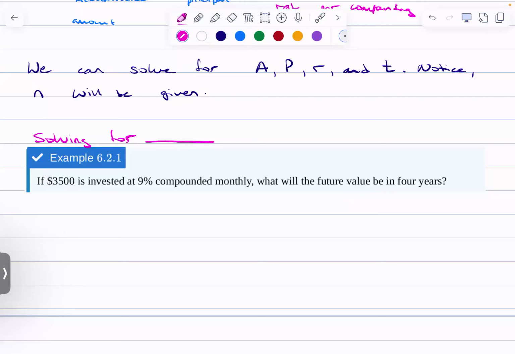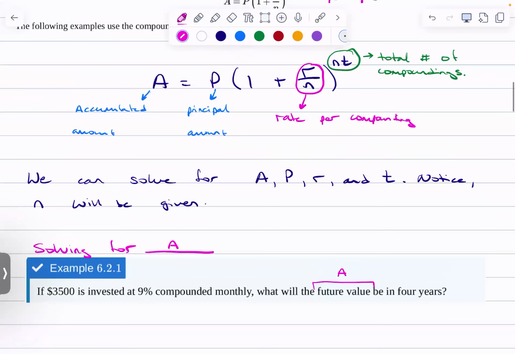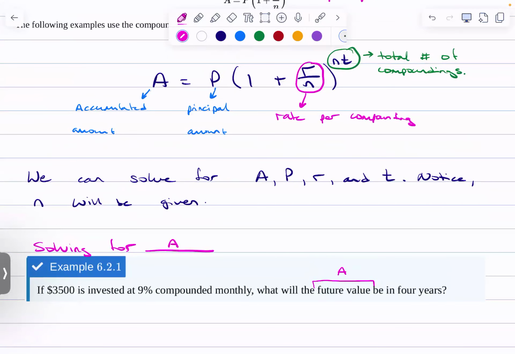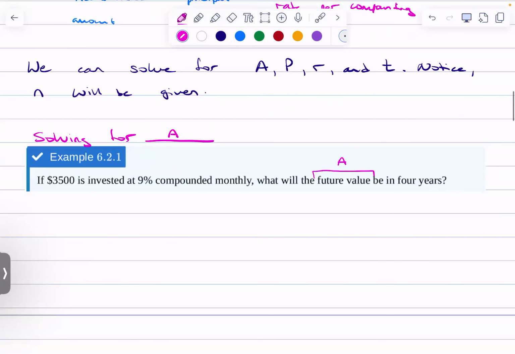Remembering that the future value, that's your A. So solving for A, we have this formula, and it's the only one we've introduced so far. It's going to be a major player. And so let's see here. What else have we been given?